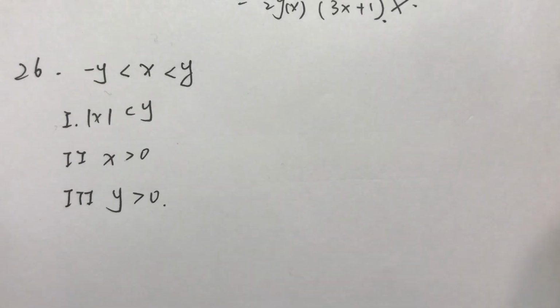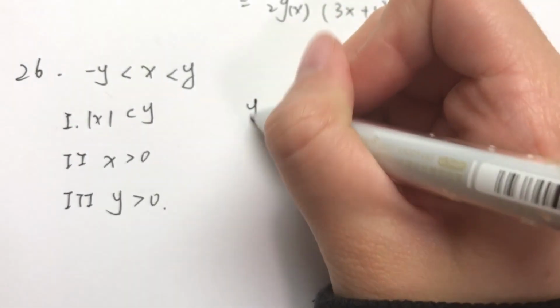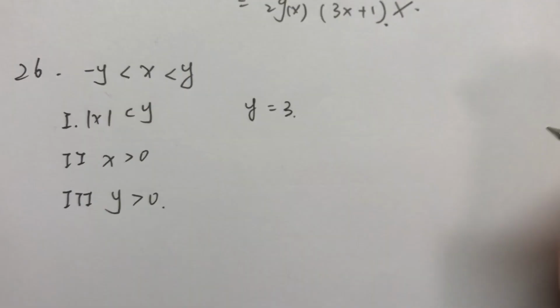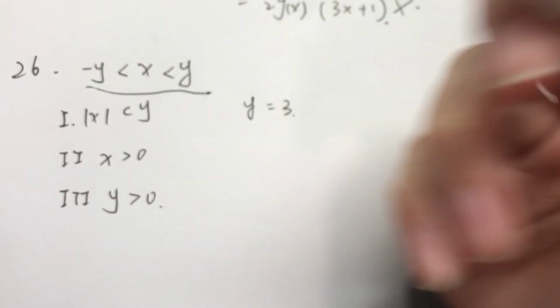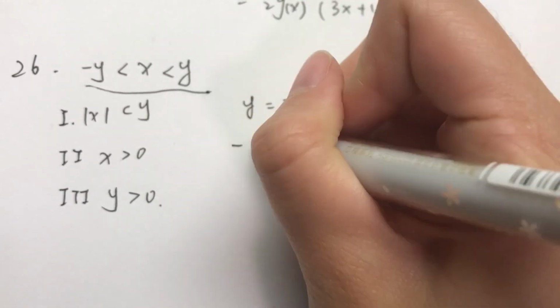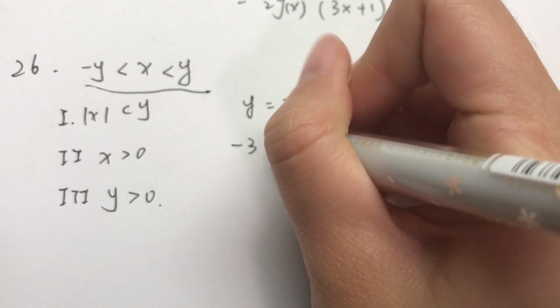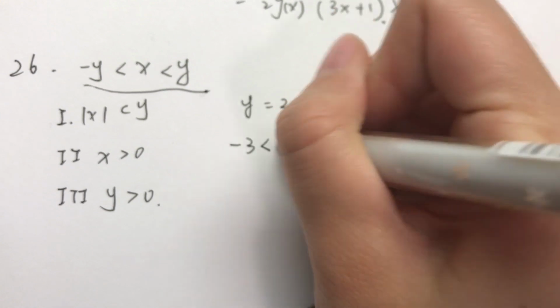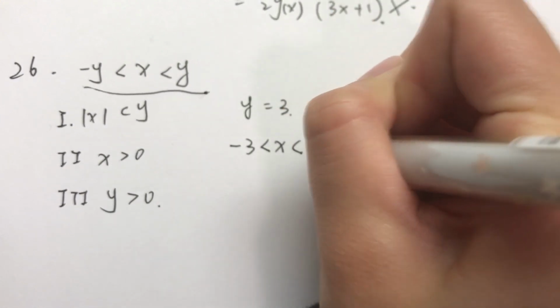So when we did this question, I just tried to find a specific number to plug in. So if here y is equal to 3, if we want to satisfy this inequality, we get -3 smaller than x smaller than 3.